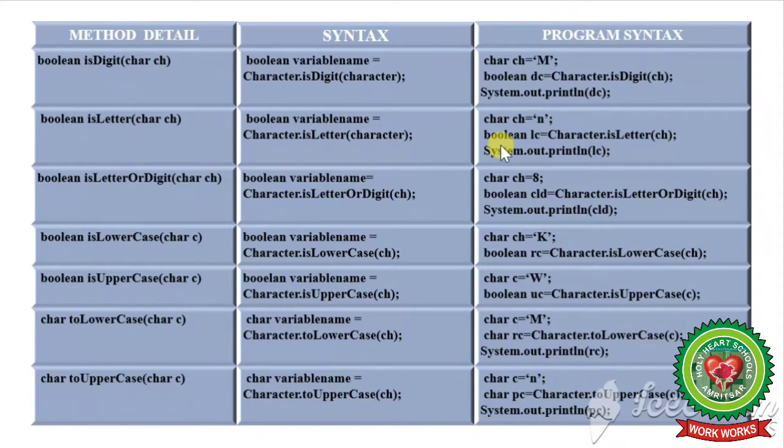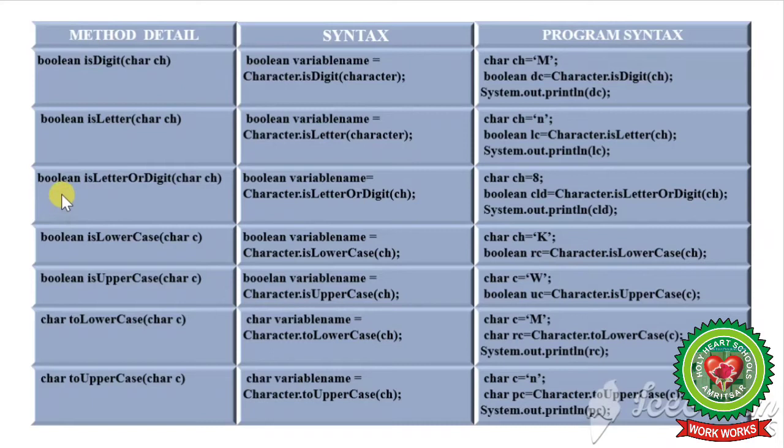Then boolean lc equals Character.isLetter(ch). System.out.println(lc). Now it will check whether n is a letter or not. Letter means a, b, c. So here it is a letter, so it will return the answer true.